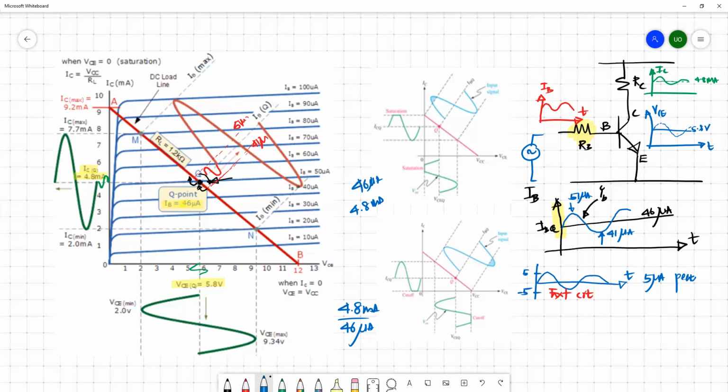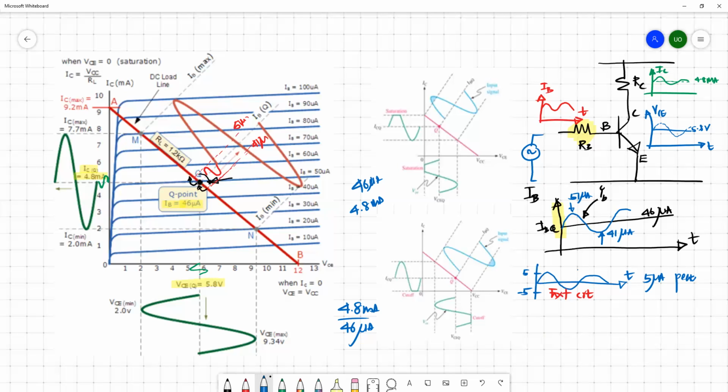Roughly you have a gain of about a hundred here. If you have a peak of 5 micro, it would reflect here as 0.5 milliamp. So it's a reasonably high gain with respect to the base current variation. This is the basic operation of the amplifier.